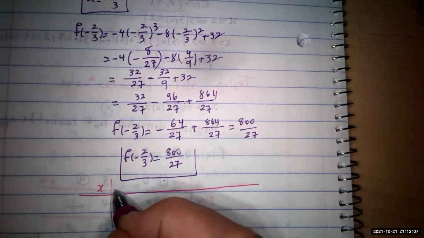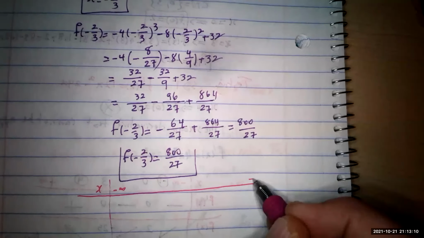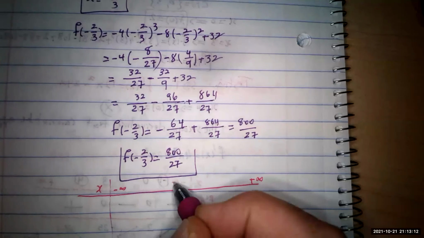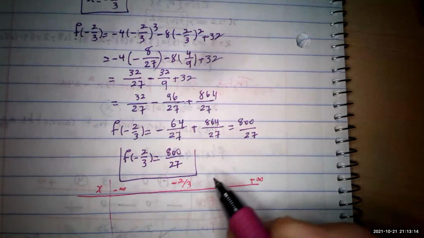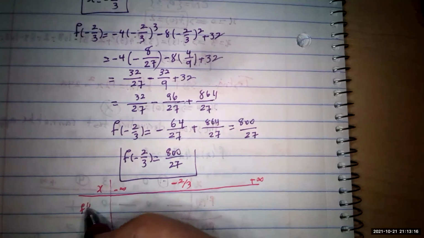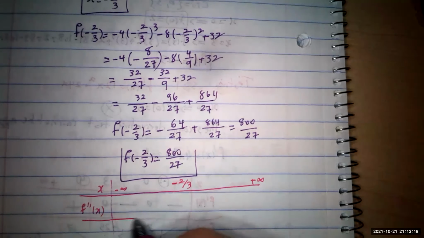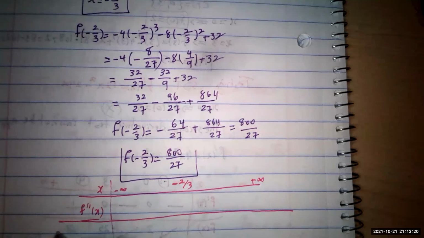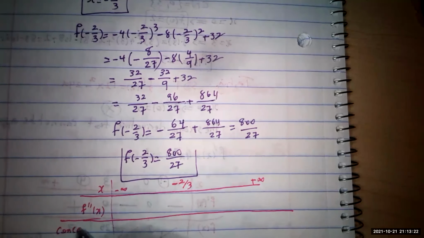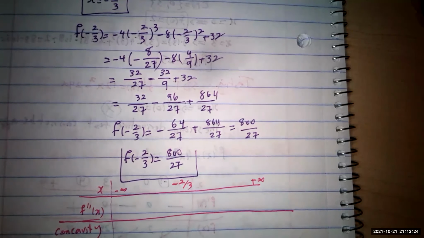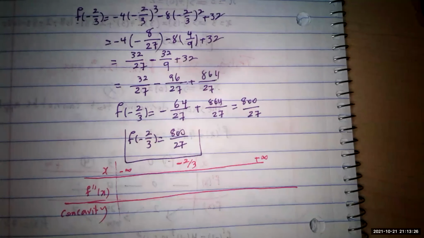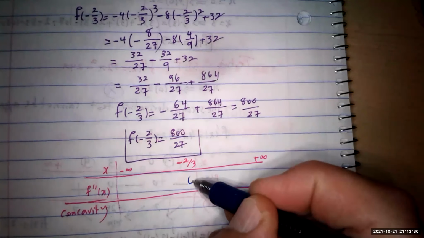X from negative infinity to positive infinity, you're testing only negative 2/3. This is going to be f double prime, and this is concavity. The first problem that we did. Okay, f double prime is 0 here.